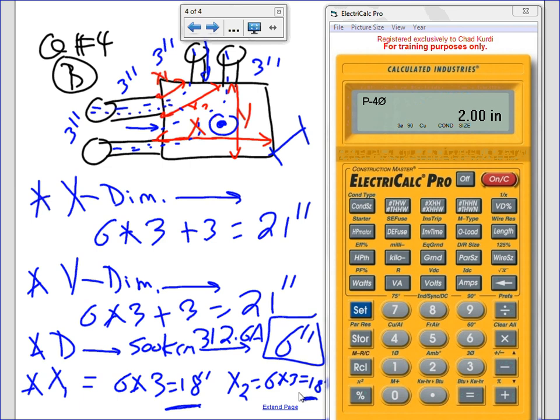Was for B. Now, if you go to A, the same thing, guys, except the dimension will put them right here. The dimension ends up being 14 inches here, and again 14 inches here, and the distance is 12 inches.